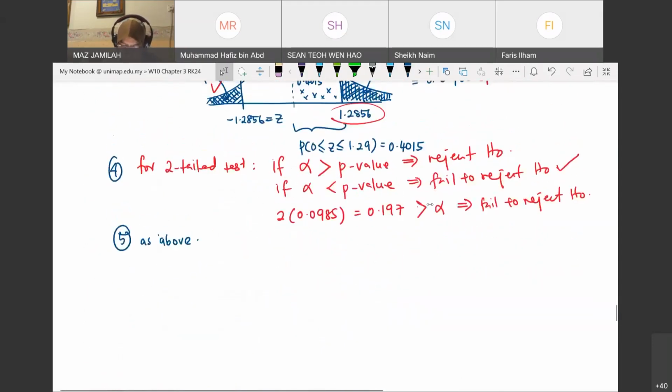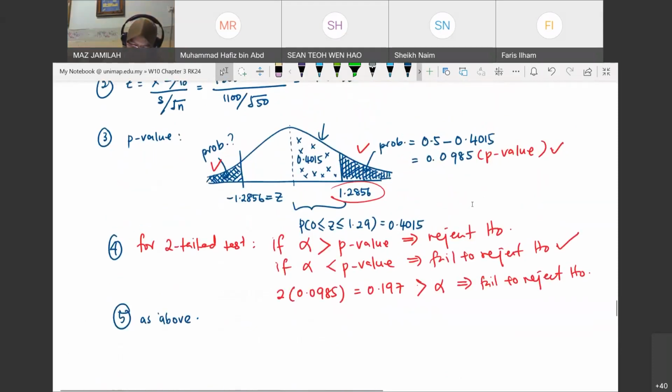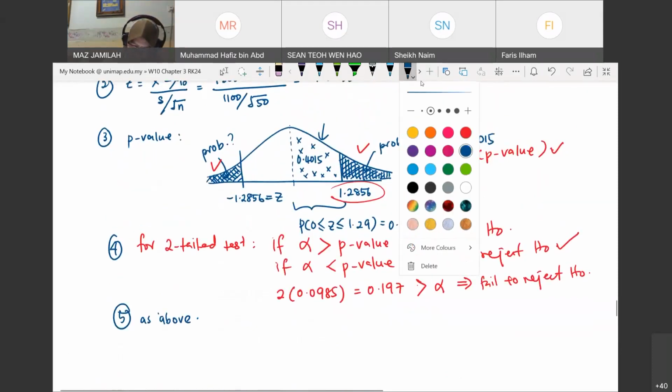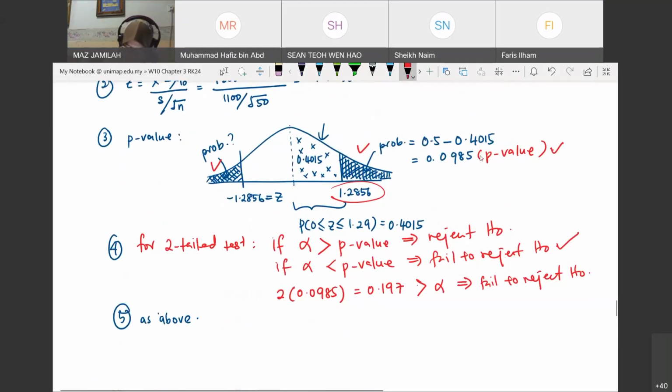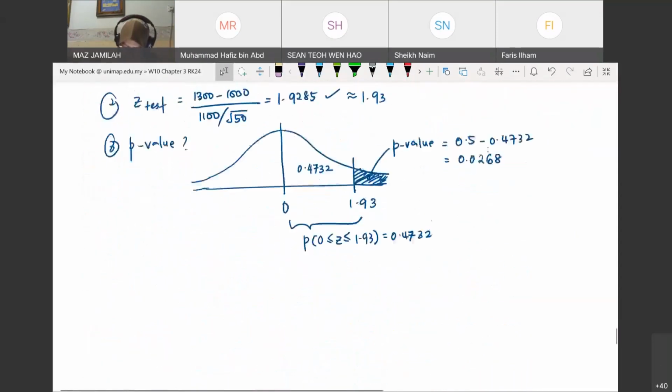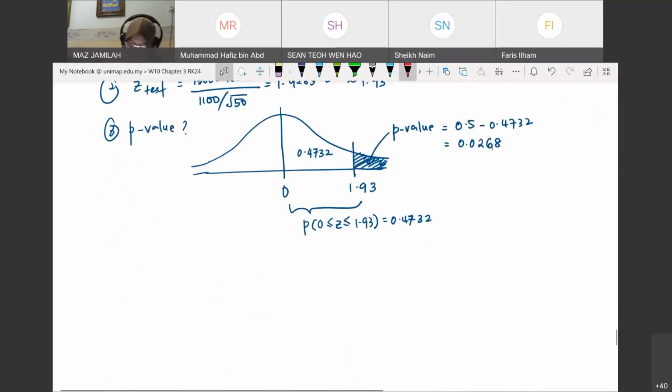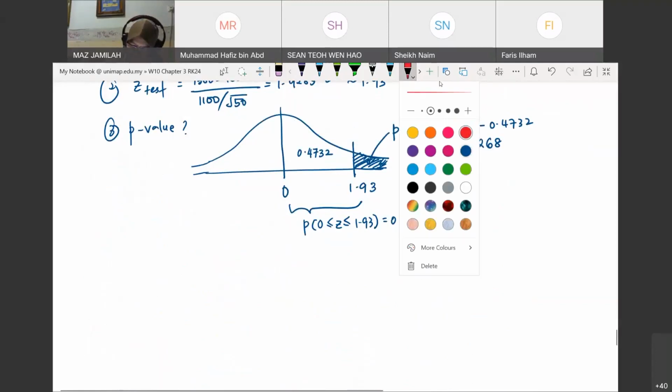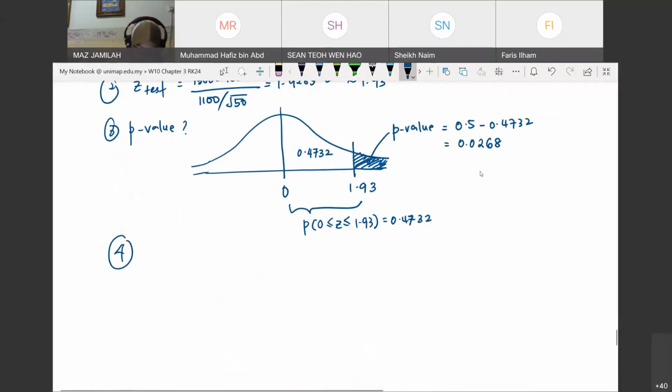Our alpha, just now I didn't write, so let's say I write the same here: alpha is 0.05. Now step number 4, the decision.